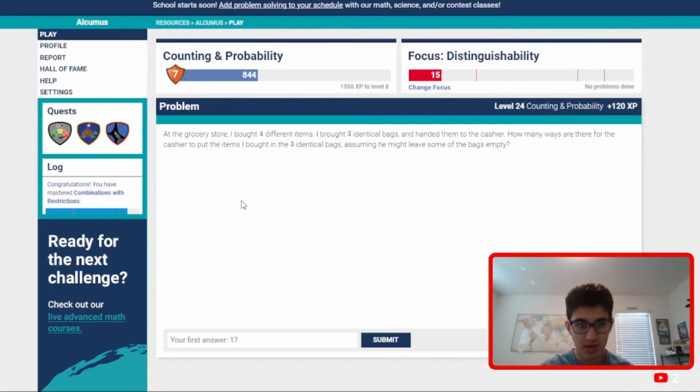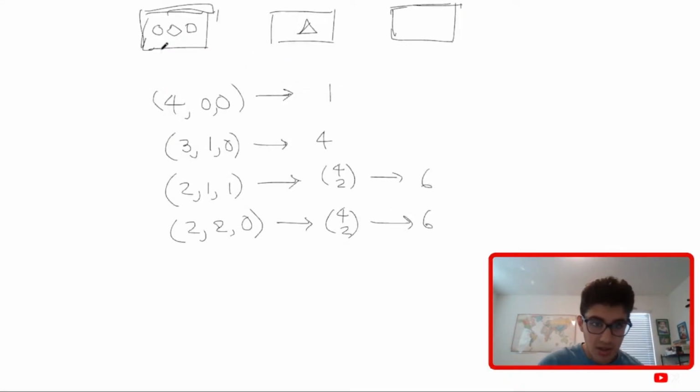How many ways are there for the cashier to put the items I bought in the three identical bags, assuming he can leave them empty? So obviously here he's left two of them empty. Here he's left one of them empty. With one, I think we've already covered those cases, right?